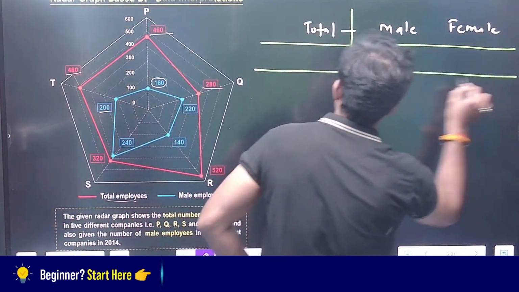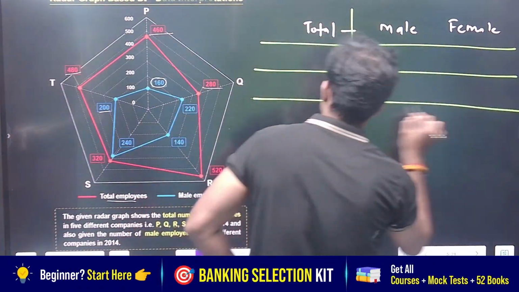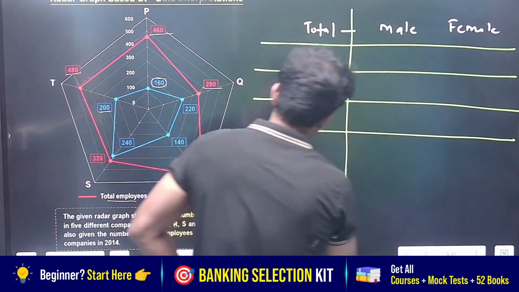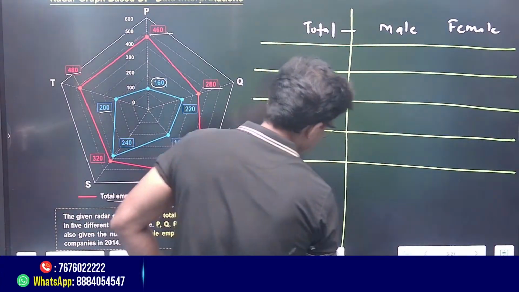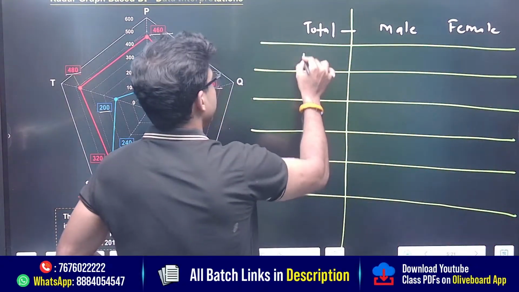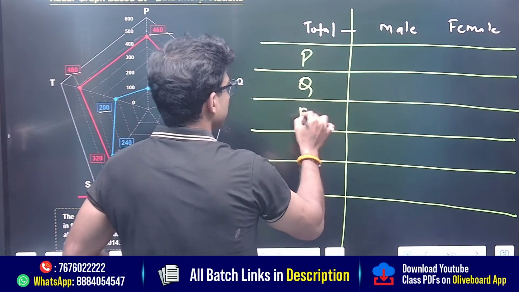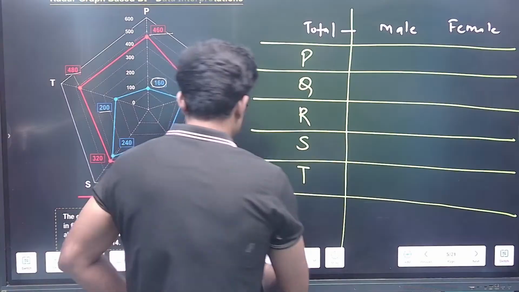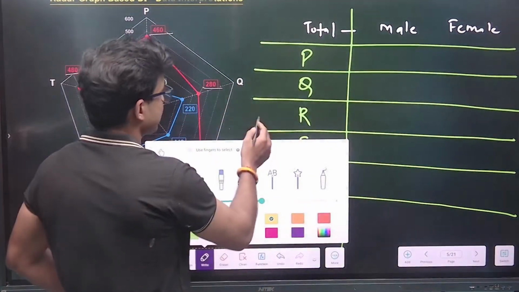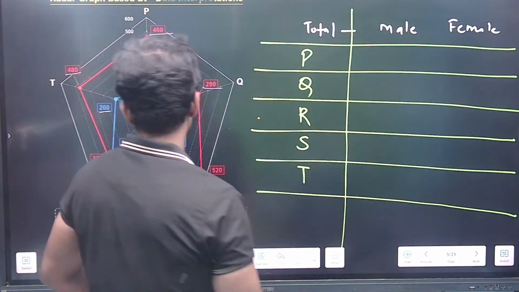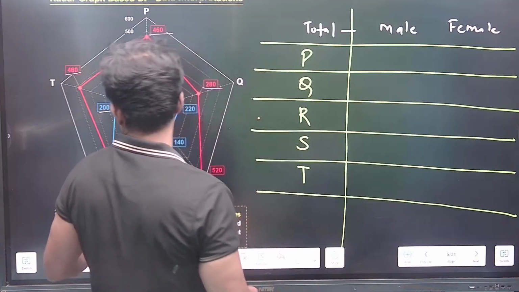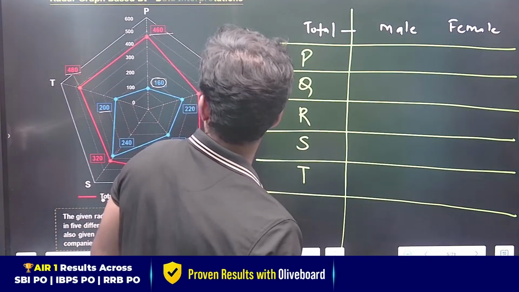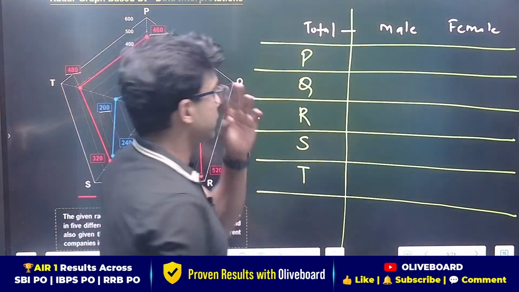So 1, 2, 3, 4, 5. Let me write down P, Q, R, S, T. Now we will have the total employees. For example, in P, the total employee is how much? So in P, the total employee is 460. I'm just writing for you.